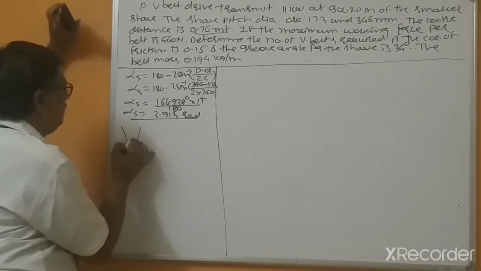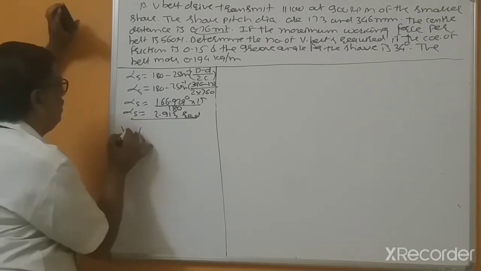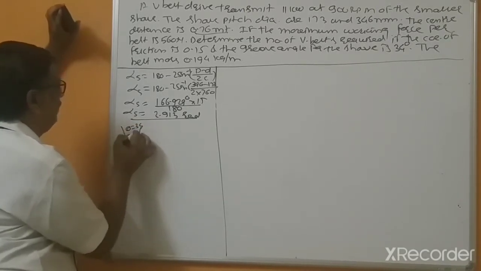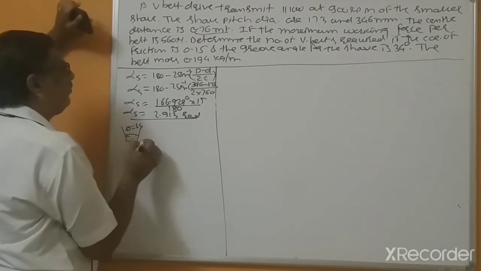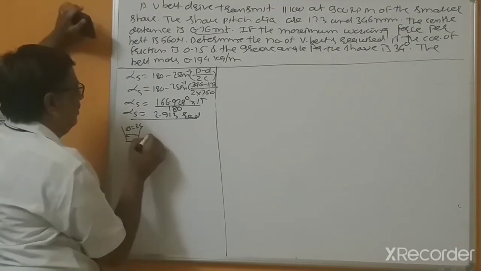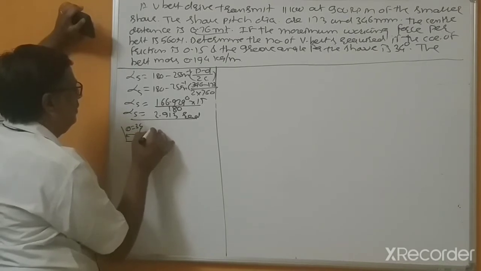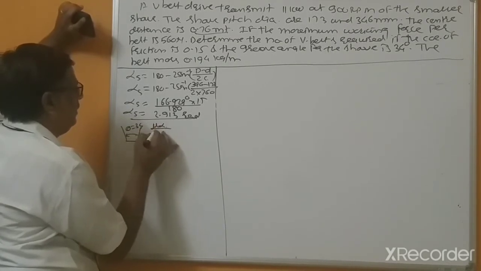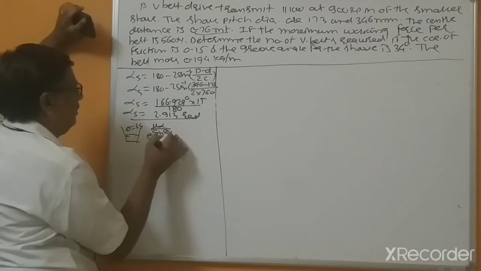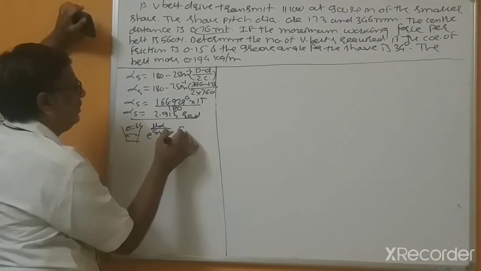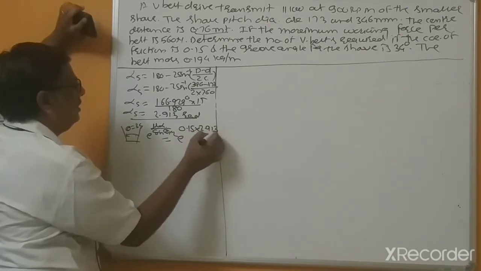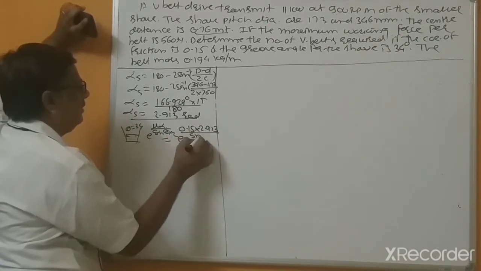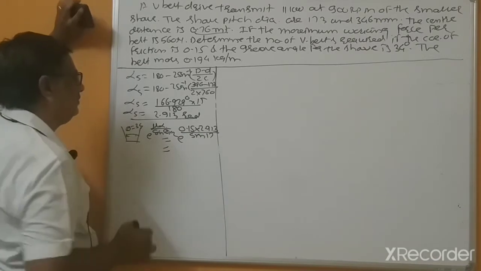Now this angle theta is given as 34, so e to the power mu alpha divided by sine theta by 2 is 0.15 multiplied by 2.913 divided by sine 17.